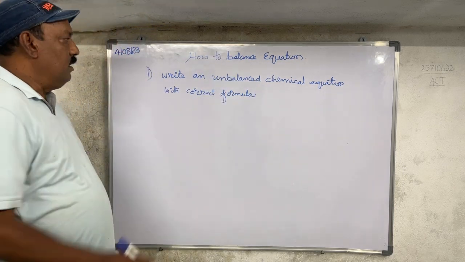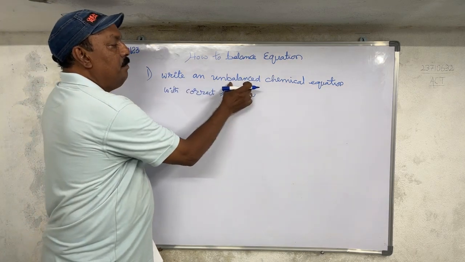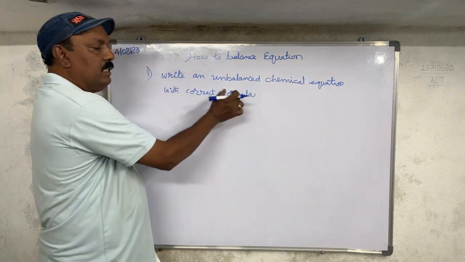This is step number 1. Actually, we have to write an unbalanced chemical equation with the correct formula.